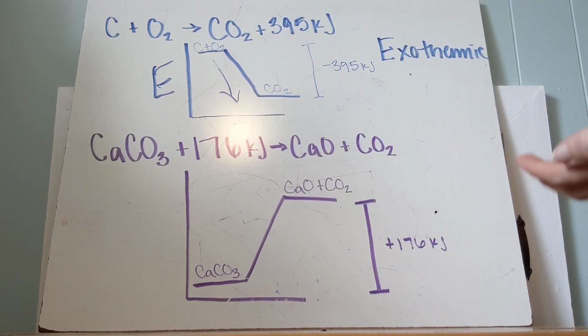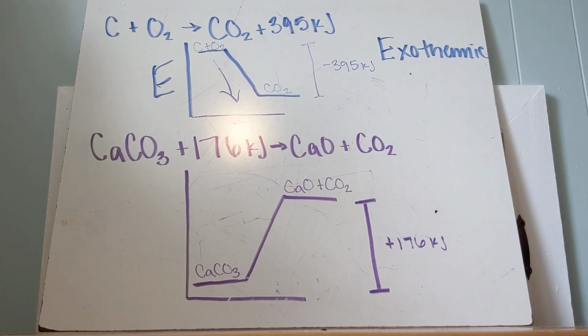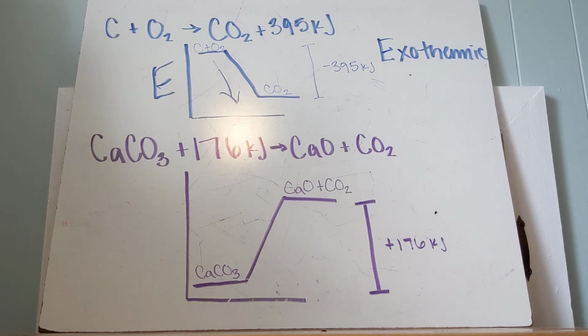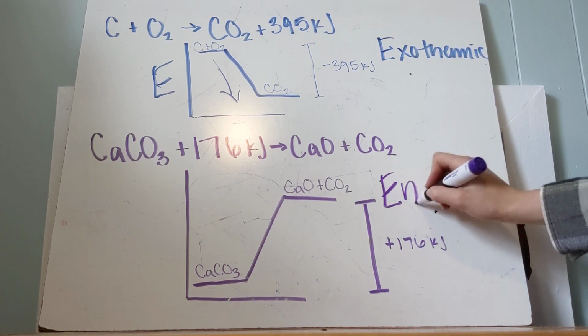Okay, in this reaction, we have bonds breaking. If we have bonds breaking, that requires energy. We have to put energy into that in order to break those bonds. So that is going to be endothermic.